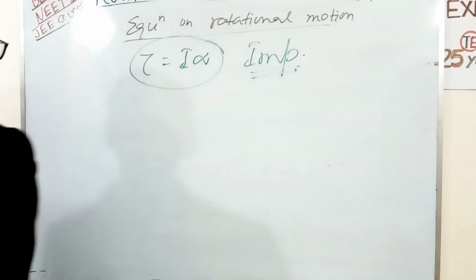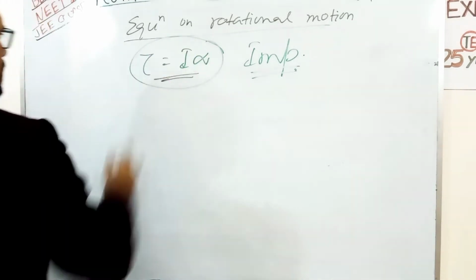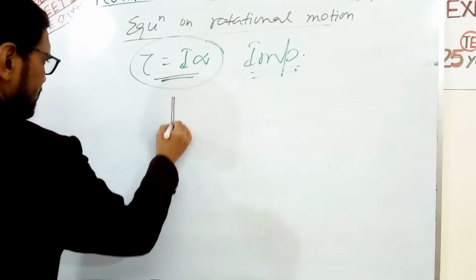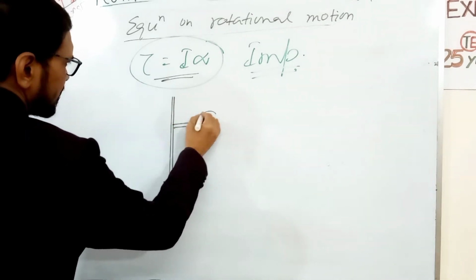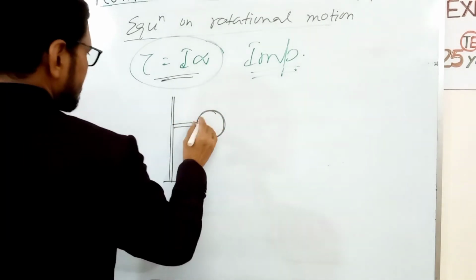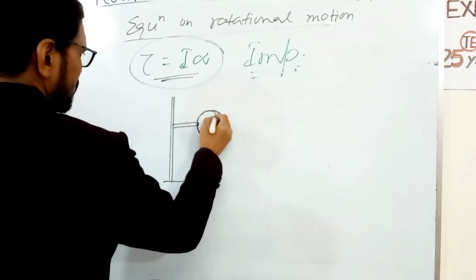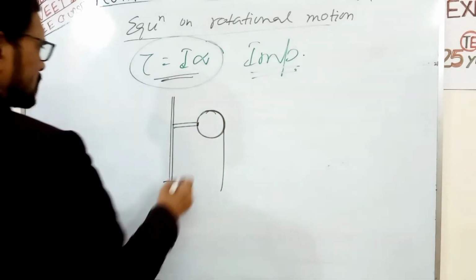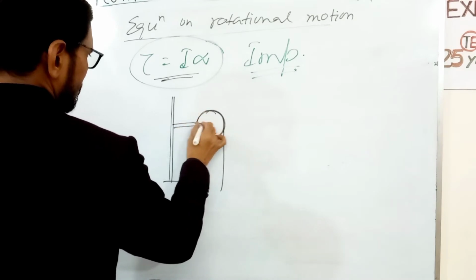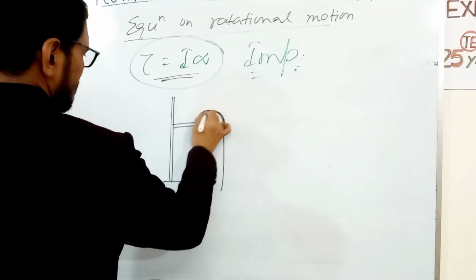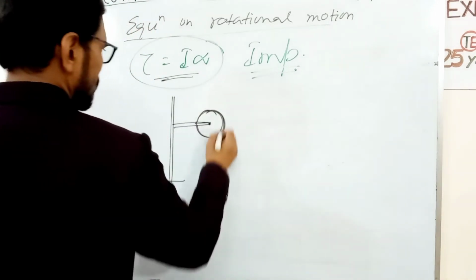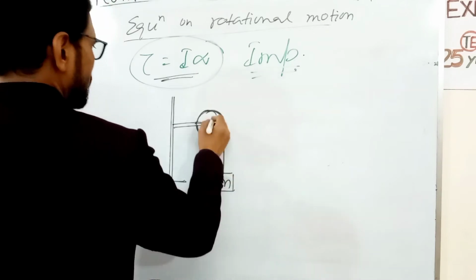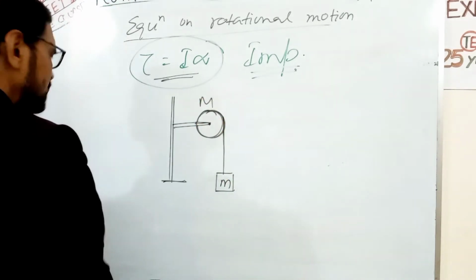Important. Now what is the question related to this equation? Suppose this is a stand, and this is a disc of mass m and radius r.